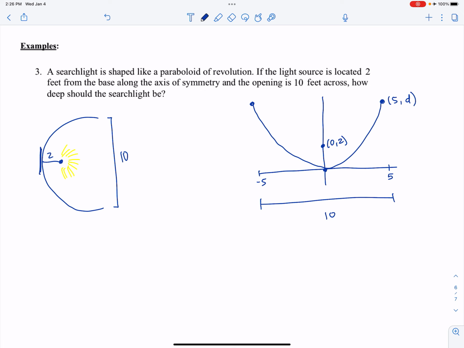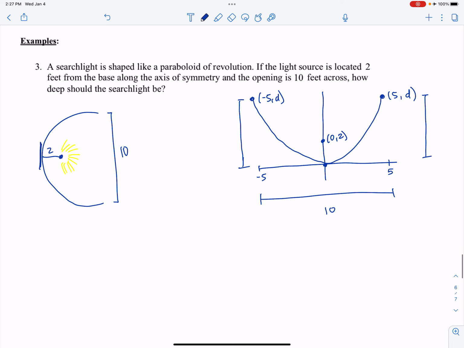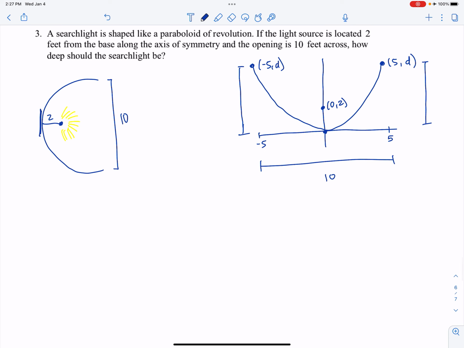And over here we have -5 and that same distance, right? It's the same amount on both sides. It's not deeper on one side than the other, so it's going to be the same value on both sides. Usually when I draw a picture, it really helps. So I hope this helps you too.